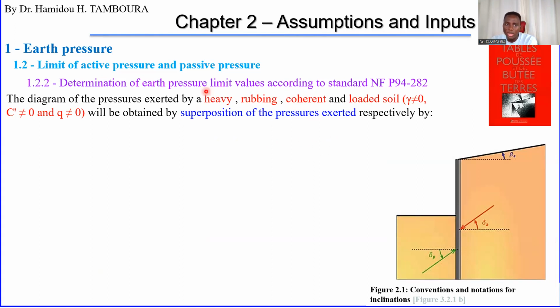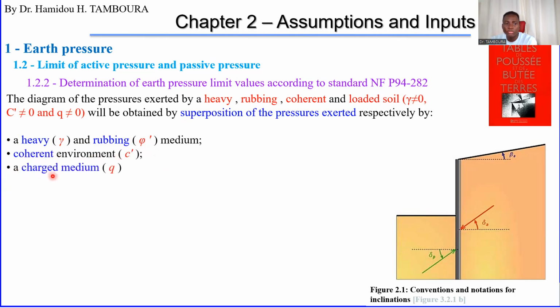In that case, you will obtain the total pressure by using superposition: the effect of the weight and the friction angle, the effect of the cohesion, and the effect of the load, the charge.